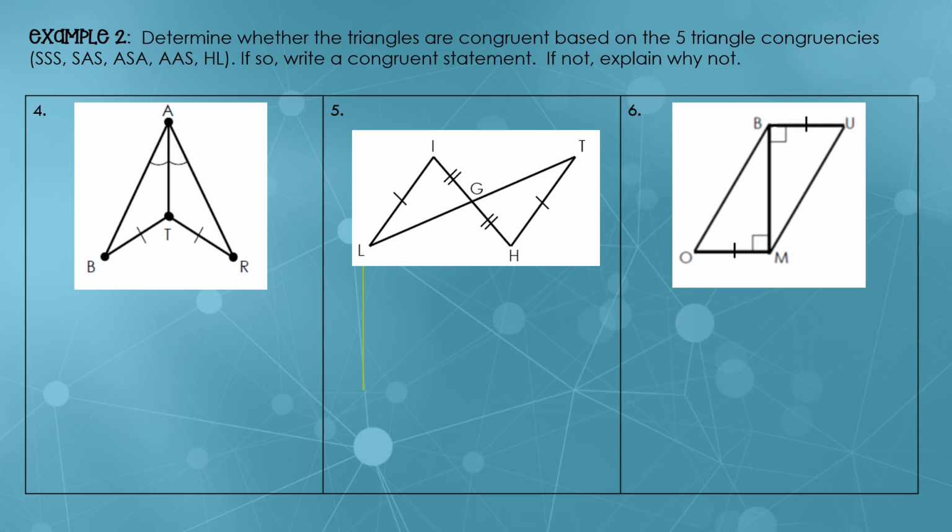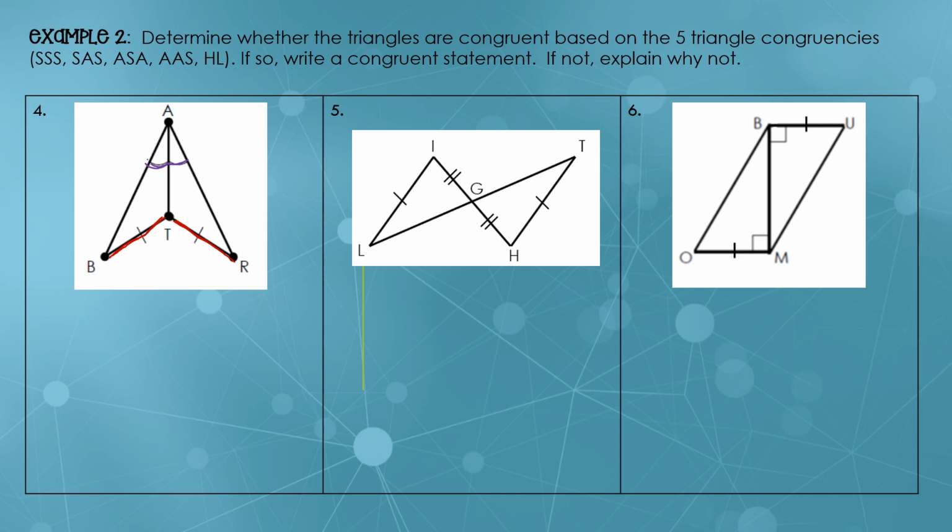Let's try some more examples. So for number 4, we have segment BT and segment RT marked congruent, so that's one segment. We have angle BAT and angle RAT marked congruent, so one angle. One side and one angle is not enough.